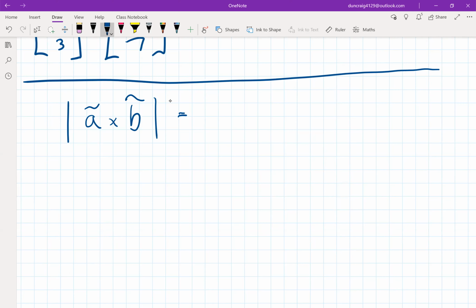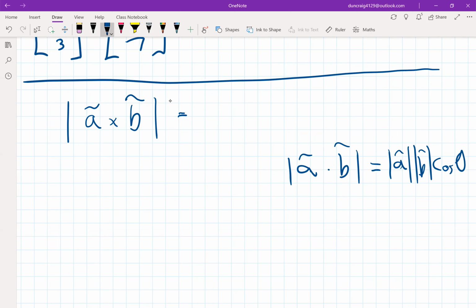I'll just write down here, A dot B is equal to that. Excuse the handwriting. That's the formula you had previously. Well, there's one for the cross product, and it's pretty similar.